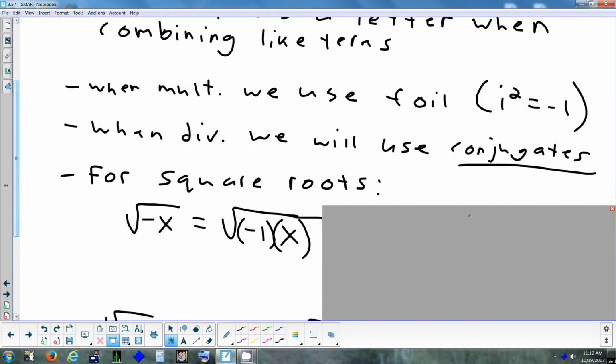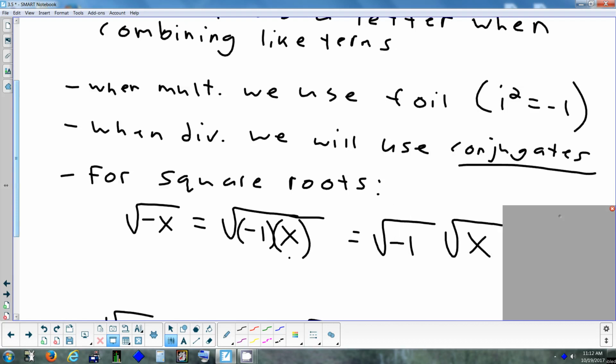And now when you have a square root, you're allowed to take each part of it and separate it into its own roots. So the square root of -1 and the square root of x separate. Well, one of those things we just talked about. What's the square root of -1?